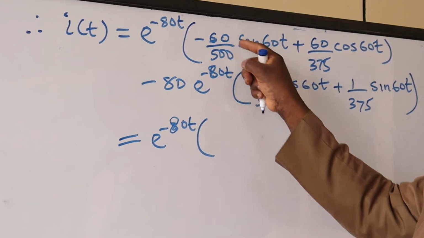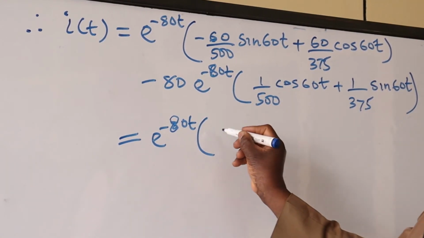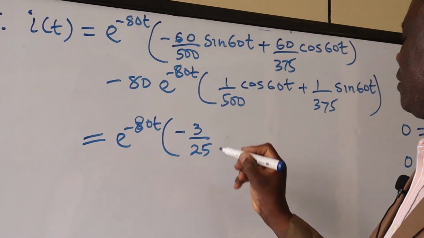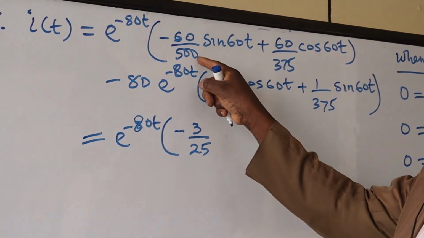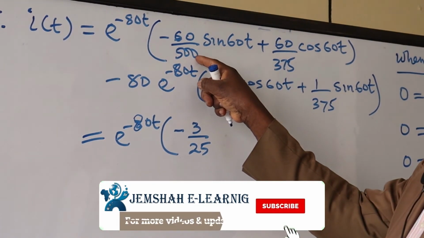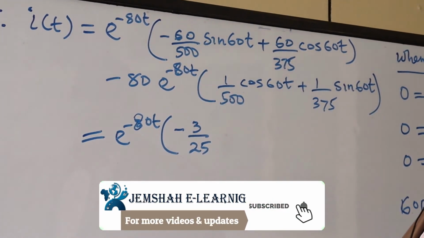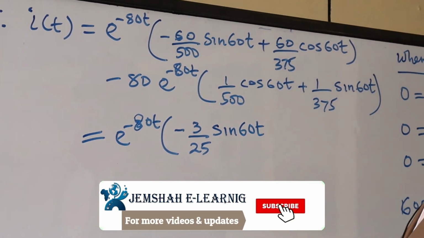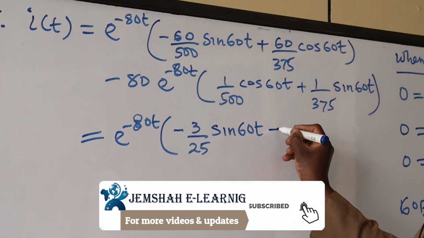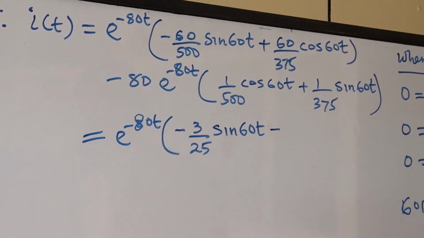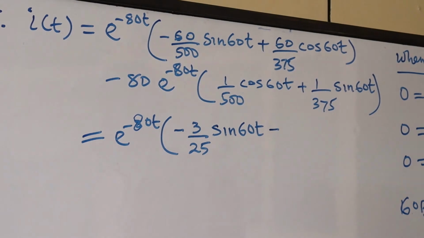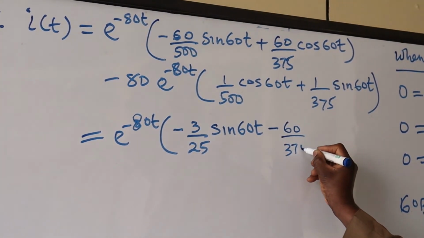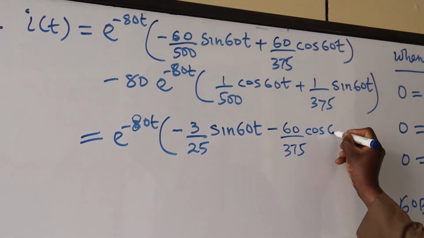So this is minus 3 all over 25 sine 60t plus minus 60 all over 375 cos 60t.